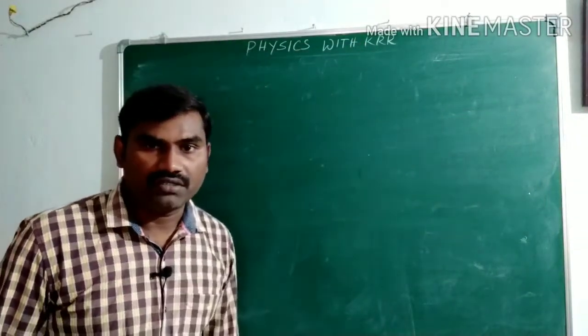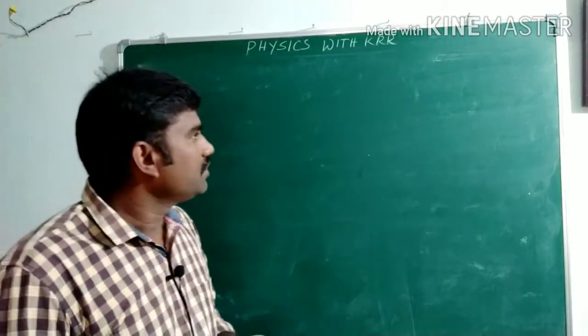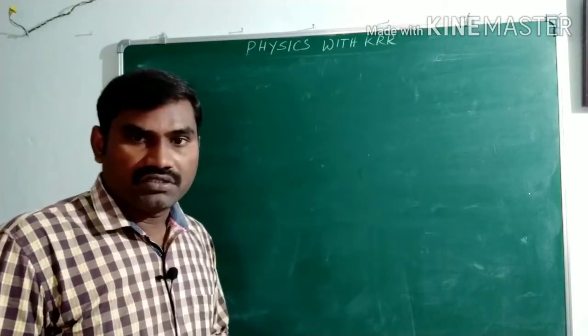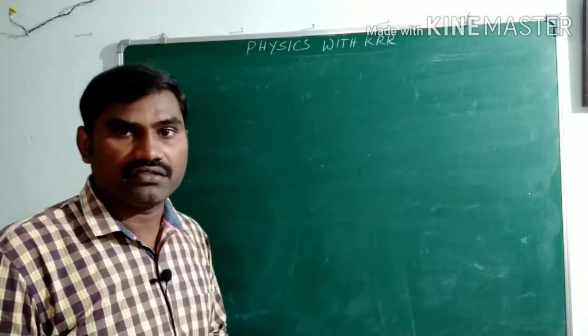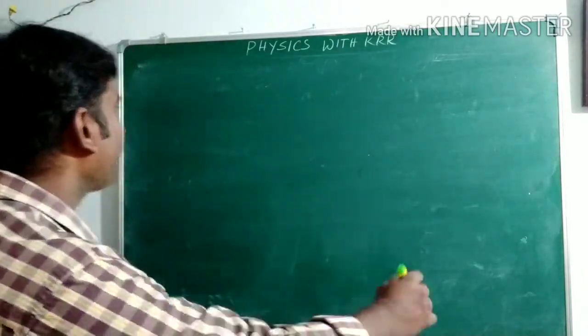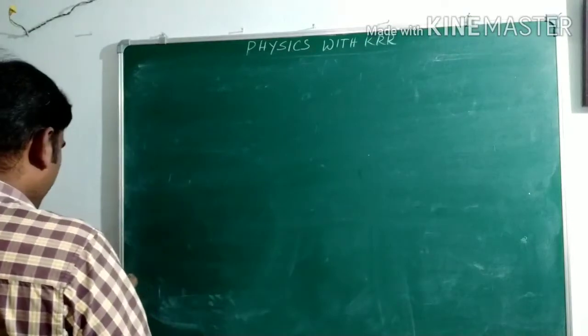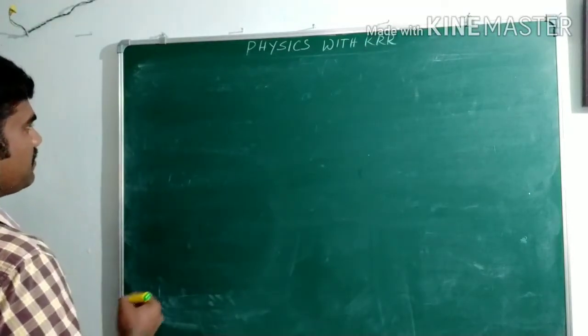So now we have important applications of electrostatic force regarding Coulomb's law. These points are very useful while solving the numericals. Now we can write the formula of force in a medium.